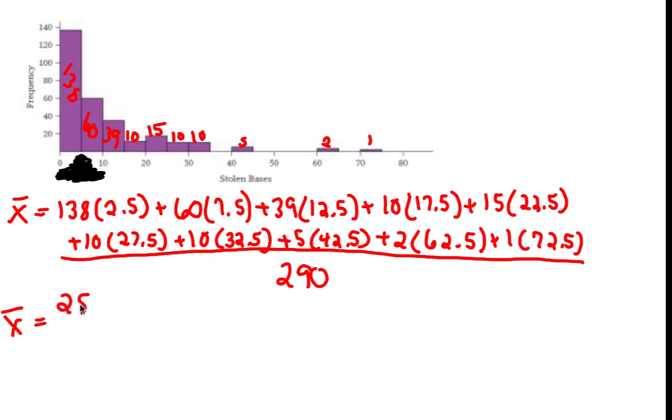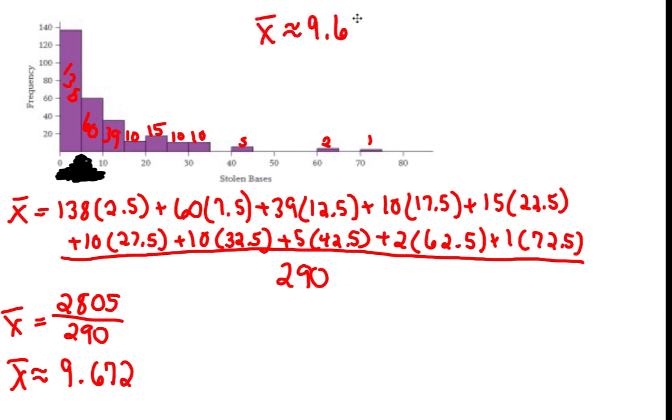The summation of my x is simplified down to 2,805 divided by 290. So my mean is approximately 9.672.